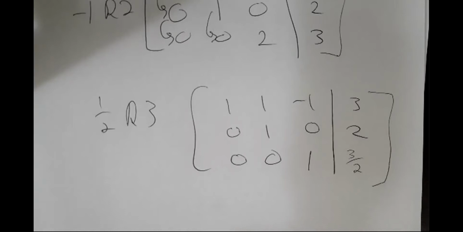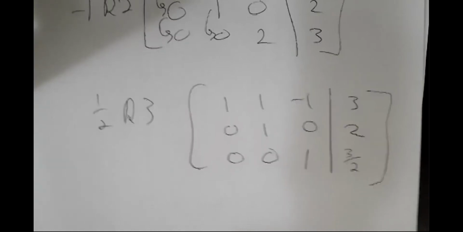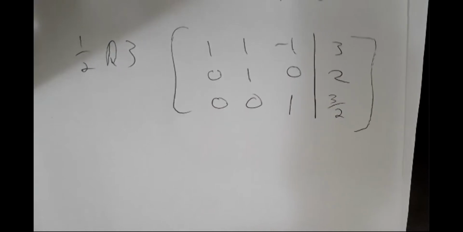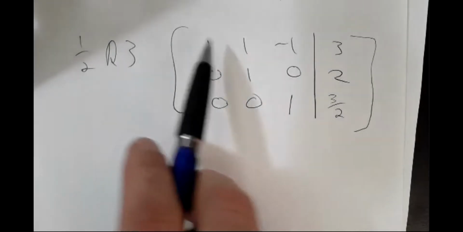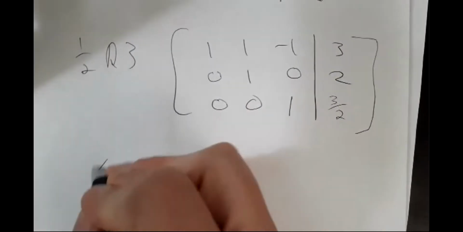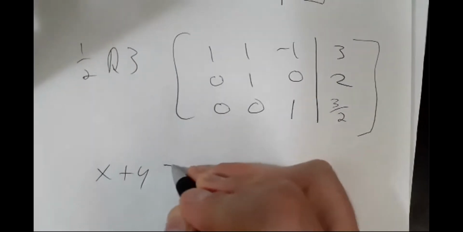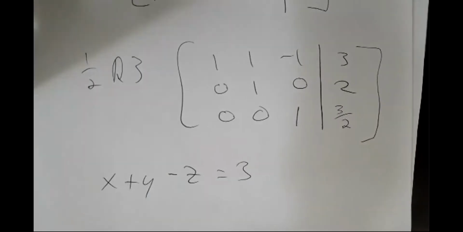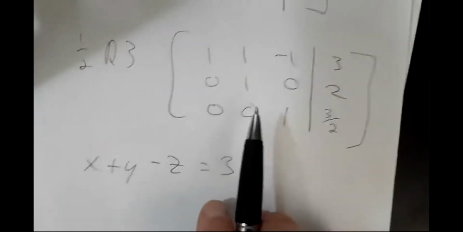Okay. Oh, we're not done here yet. I've got to go back and write my equations. So this top equation looks like what? X plus y minus z is equal to 3. What does this next thing give me?